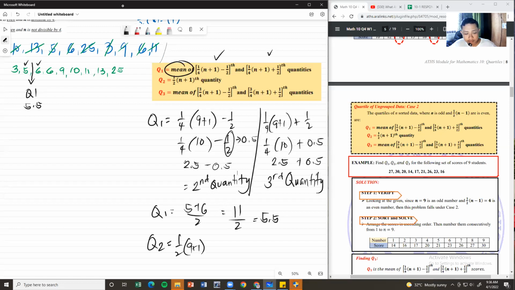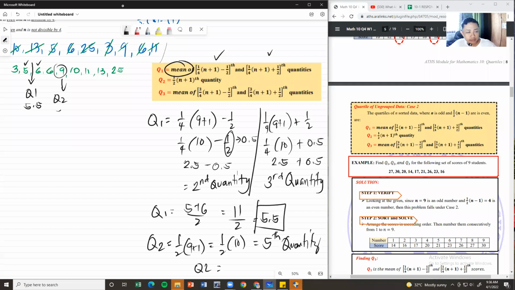That is 1/2 of 10, and 1/2 of 10 is 5. So that's the fifth quantity. For our Q2, the fifth quantity is 1, 2, 3, 4, 5. That's 9. Our quartile 2 is 9.